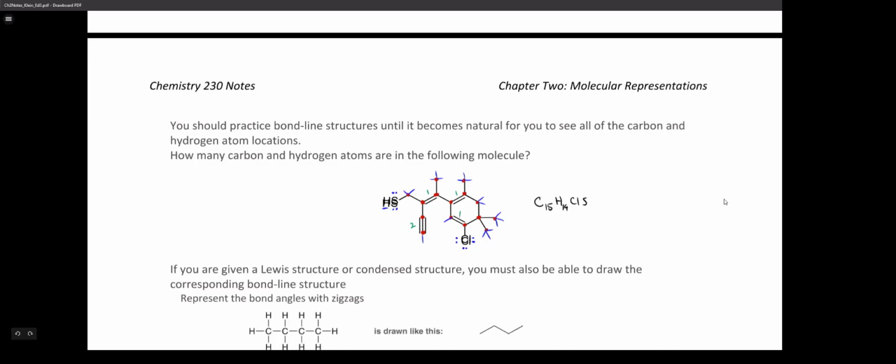So a total of 5 pi bonds. Any questions? Again, the important thing is hydrogens bonded to the heteroatoms must be drawn. Good.